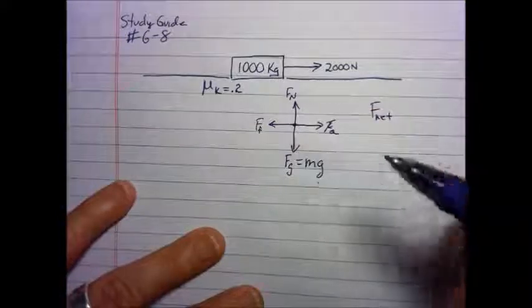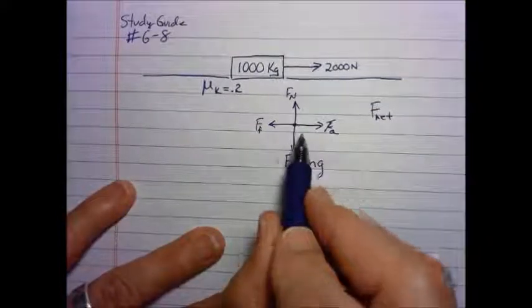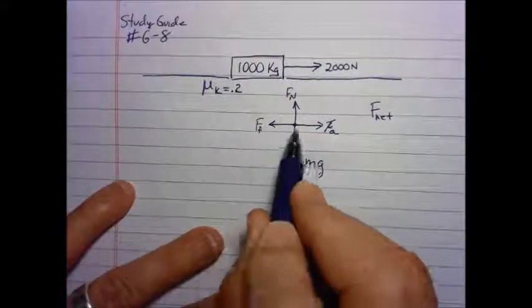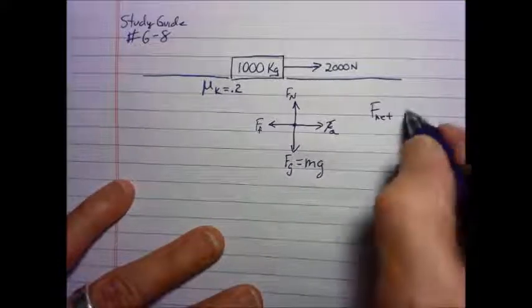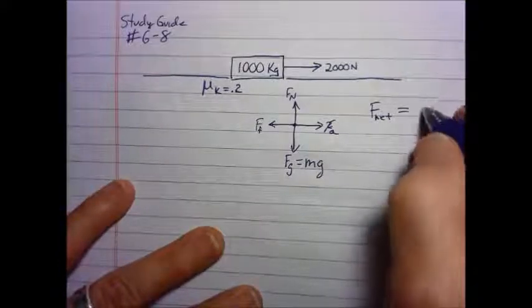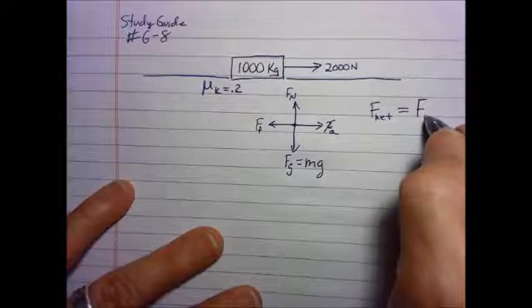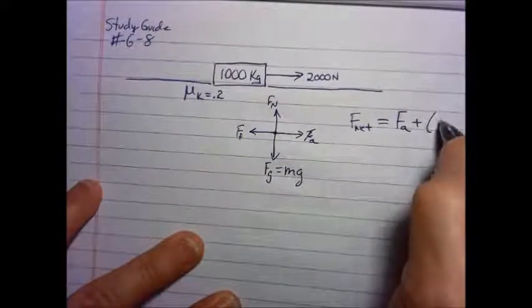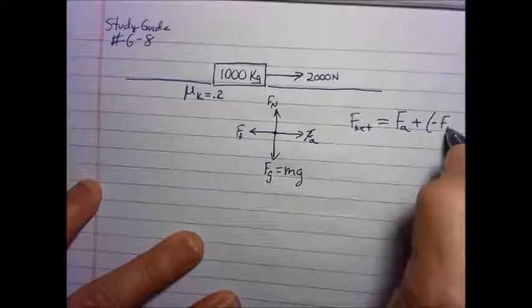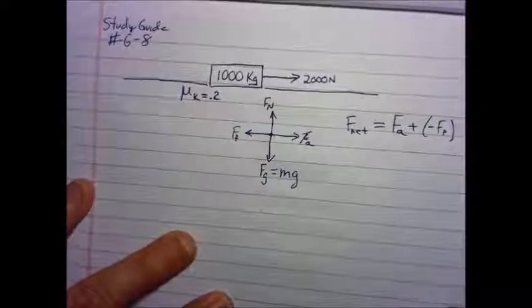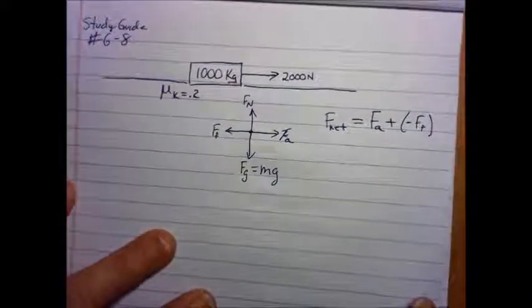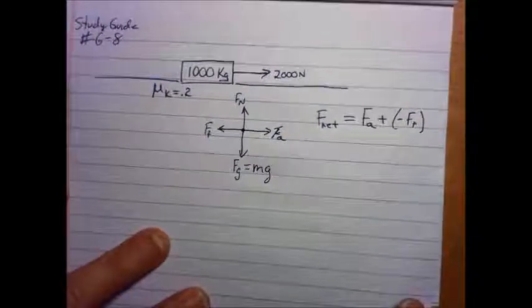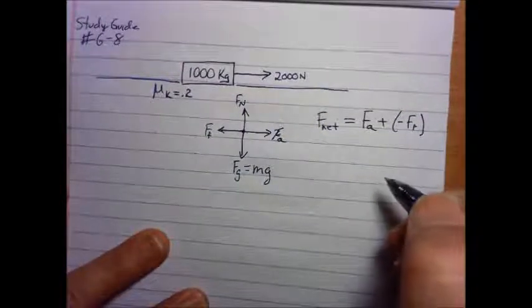The sum of the forces in the y direction is 0, but we don't think that the sum of the forces in the x direction is 0. So we can write that F net is just going to be the force applied plus the force of friction in the negative direction.